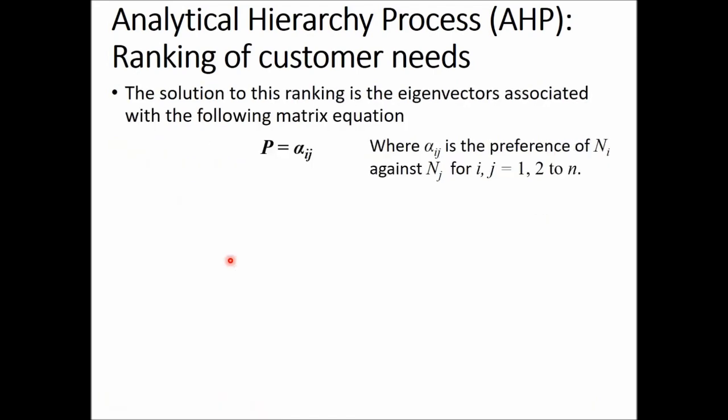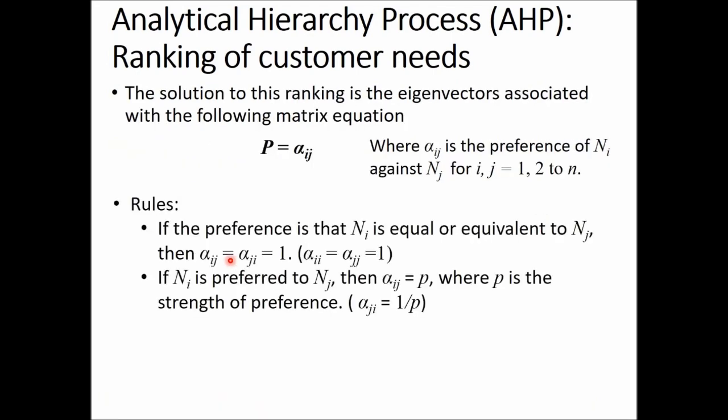So, for example, if Ni is equal or equivalent to Nj, as we showed in that table before, alpha ij equals alpha ji equals 1. That means, of course, the diagonal of this matrix is always 1, so the preference of Ni against Ni is 1.